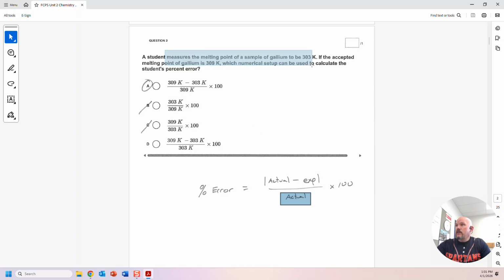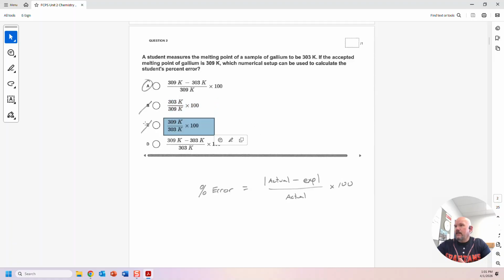So the student measures 303 Kelvin. So that's the experimental value. The accepted value, the true value, is 309 Kelvin. So that's the true value, the actual. Okay. And then also, process of elimination, that's not how you do it, right? That's not how you do it.